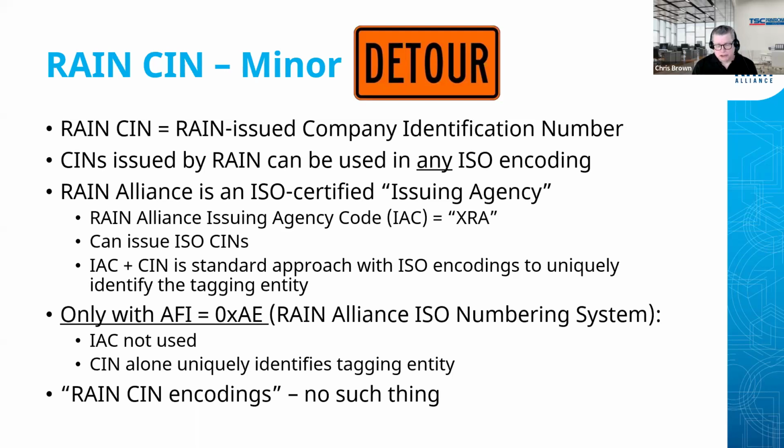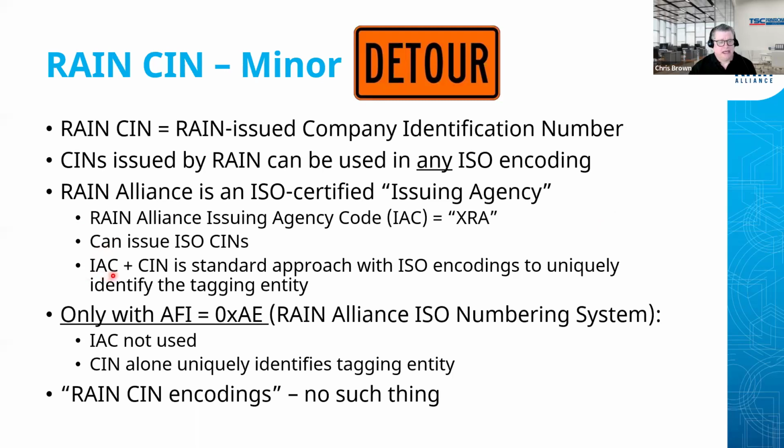Because you have a multitude of entities that can issue company identification numbers, the way you normally uniquely identify the tagging company in an ISO encoding is by making a two-part construct.